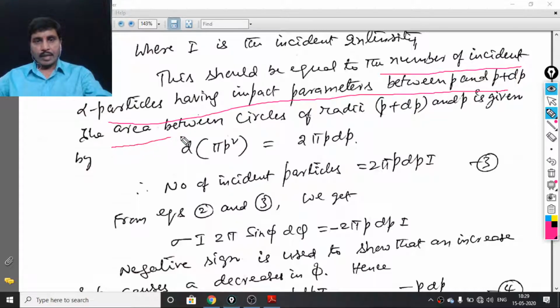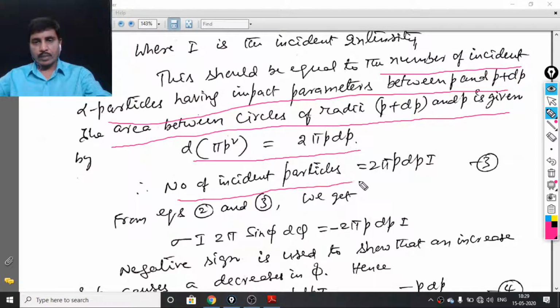Then the area between circles of radii p plus dp and p is given by d of pi p square, that is equal to 2 pi p dp. Therefore, the number of incident particles is equal to 2 pi p dp into I. That is equation 3. From equations 2 and 3, we get sigma I 2 pi sin phi d phi equal to minus 2 pi p dp I.